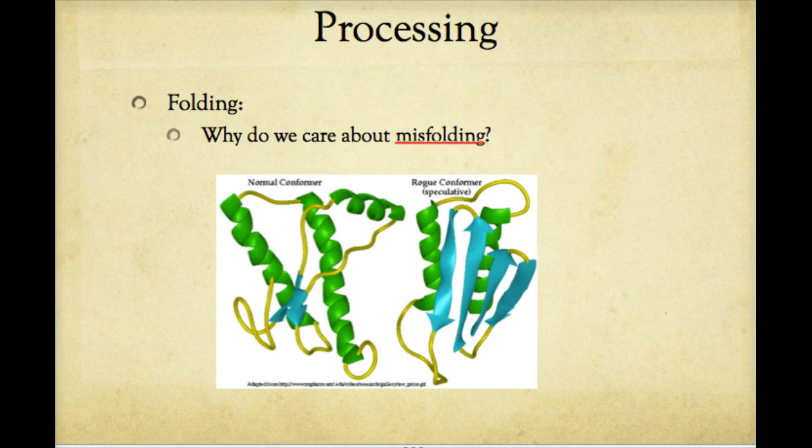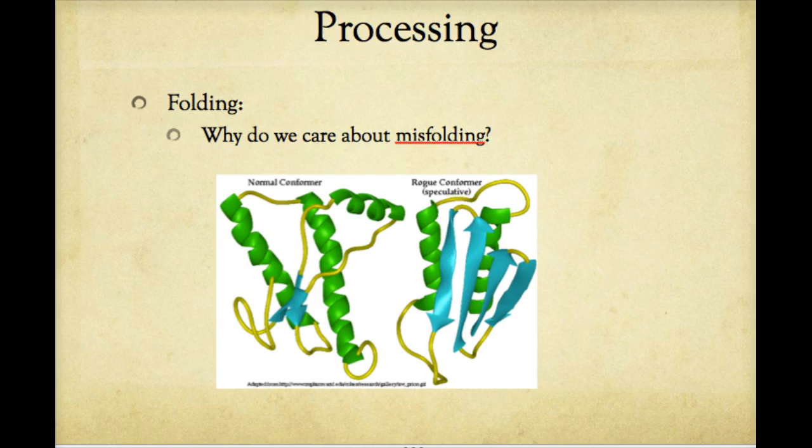In the image that you can see on this slide, on the left-hand side, you can see a folded protein. You can see that there's some green alpha helices drawn, there's some blue beta-pleated sheets drawn, and then there are some yellow loops of short sequences of amino acids.